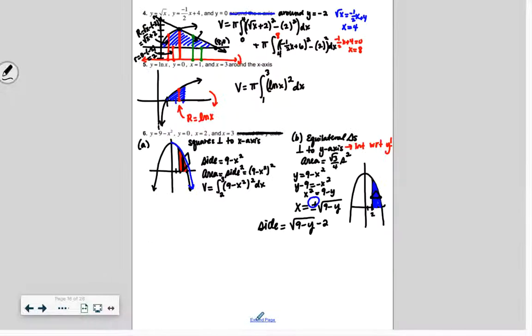All right, so we end up getting our volume is equal to, we said it was square root of 3 over 4, side squared, right? So I take that side, the square root of 9 minus y minus 2, and I square it. And my y values go from 0 to question mark. What is that?